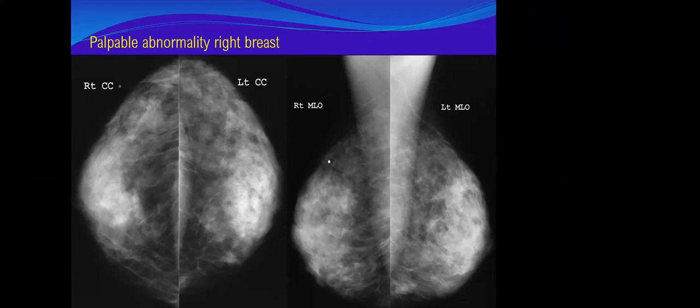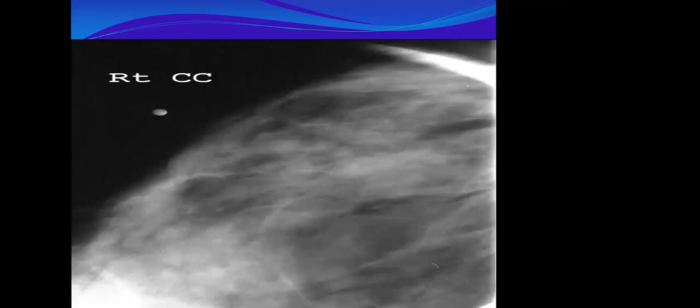I would like to confirm it by spot compression. We would like to be more precise in our descriptions. So this is a spot compression. Could you see the asymmetry there? Is it persistent?